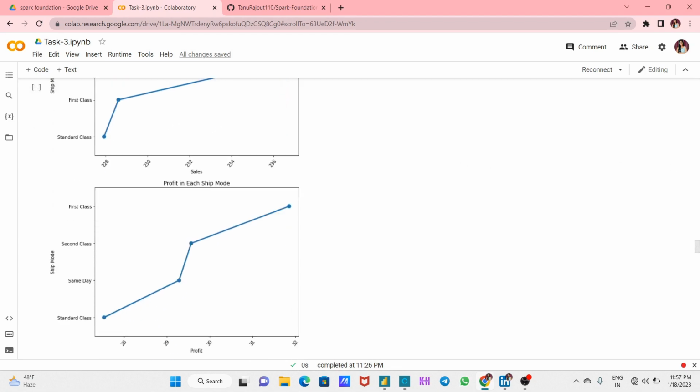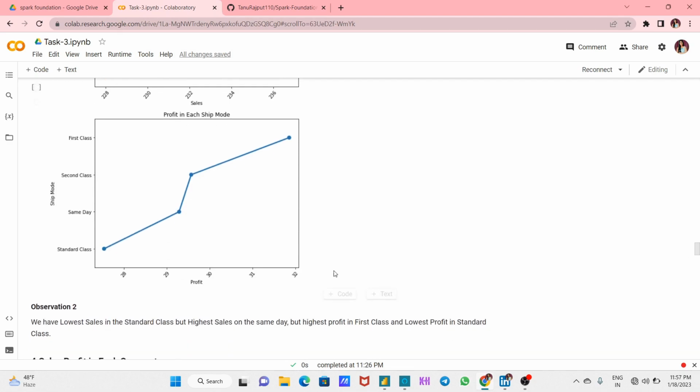And for profit, we get a higher profit in first class ship mode in comparison to others. So we have lowest sales in standard class but highest sales on same day, but highest profit in first class and lowest profit in standard class.